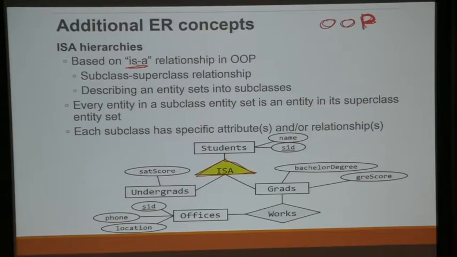And then you can have relationships that are based only on the subclass, or relationships that are based on the superclass. If it is based on the superclass, it means that both the undergrads and the grads must belong to that relationship. Right? So if I have this enrolls in a course, that means an undergrad can be enrolled in a course, and a graduate student can also be enrolled in a course.